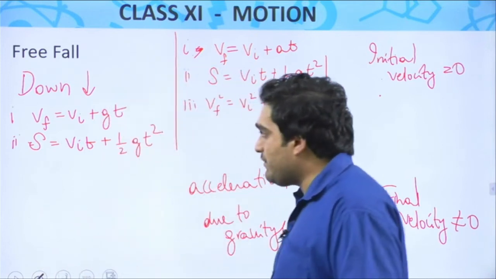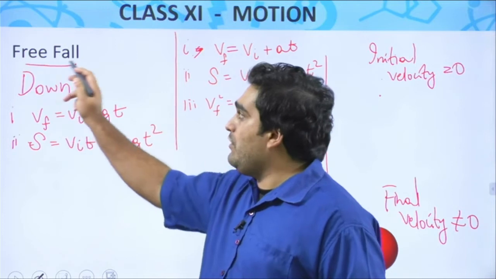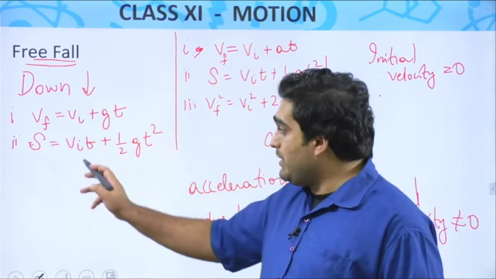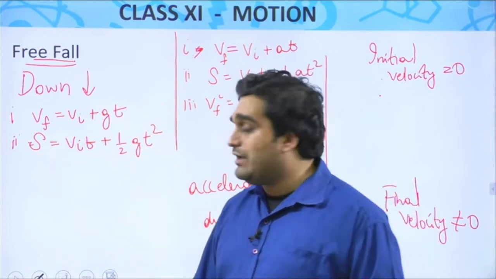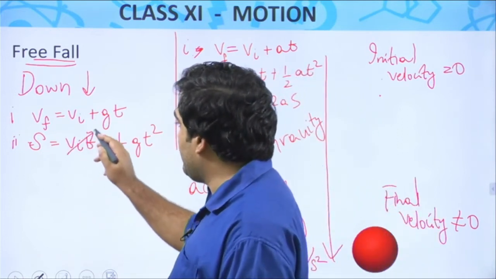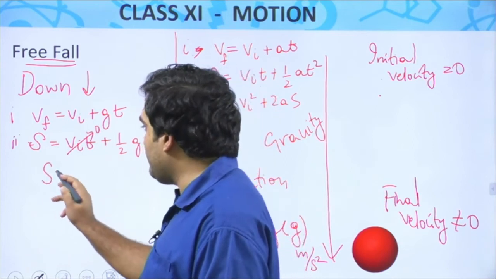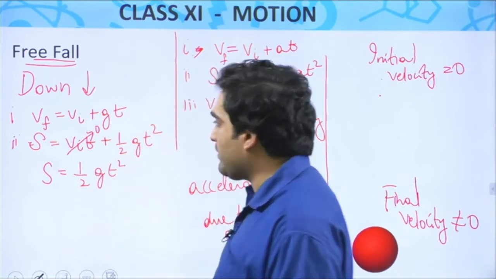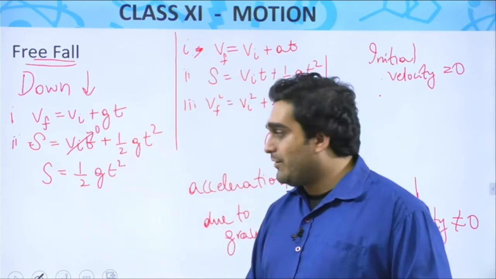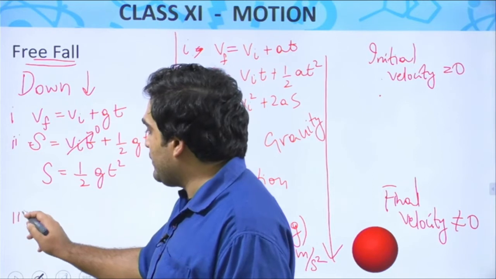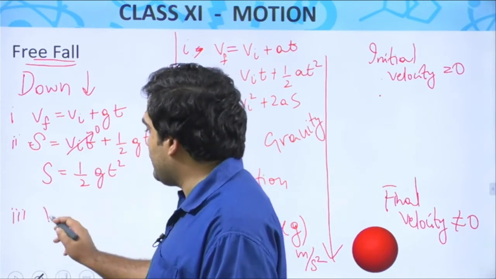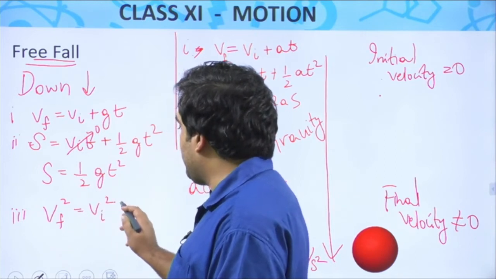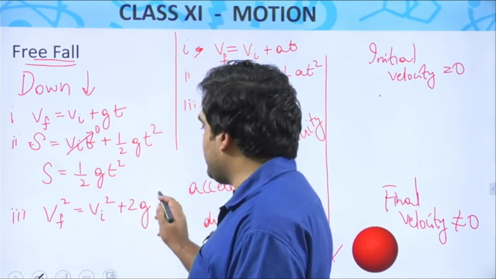One more interesting fact is that for a free fall, the initial velocity is zero, meaning Vi is usually zero. So if this is zero, what you're left with is half G T square. And then the third equation of motion is Vf square equals Vi square plus 2 Gs.